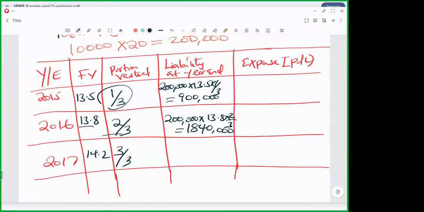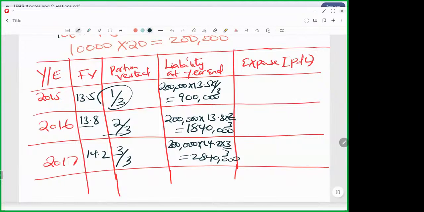So remember, you're doing remeasurement because of cash settled. So 200,000 times 14.2 times 3 over 3, times 1 basically. 2,840,000. Thank you so much.